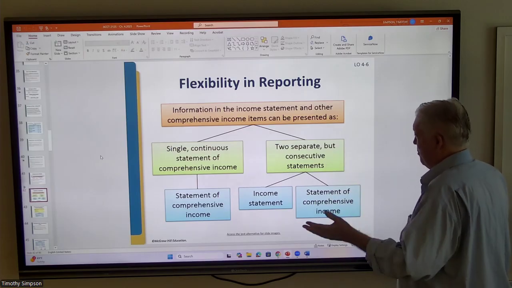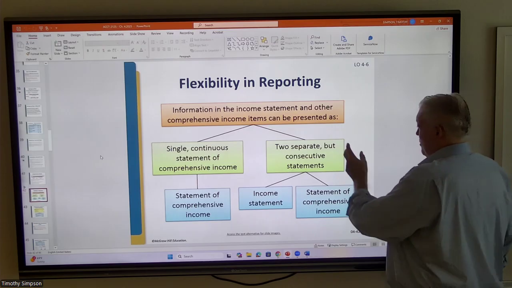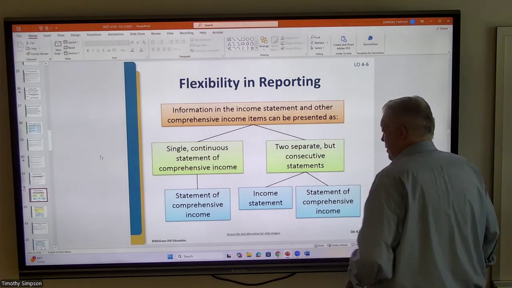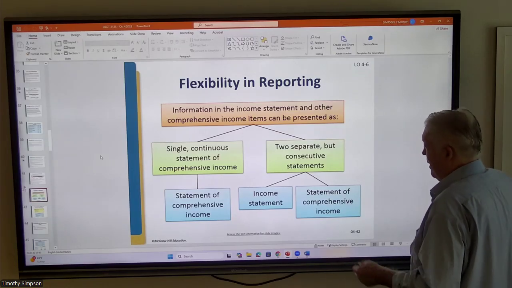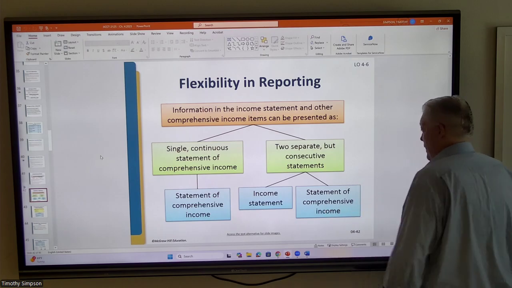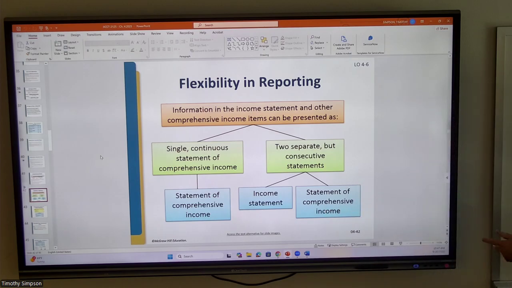Two separate statements: an income statement that ends at net income, the bottom line, which is usually on an after-tax basis, and then an adjoining statement of comprehensive income, which takes into account those key elements that fit into comprehensive income.